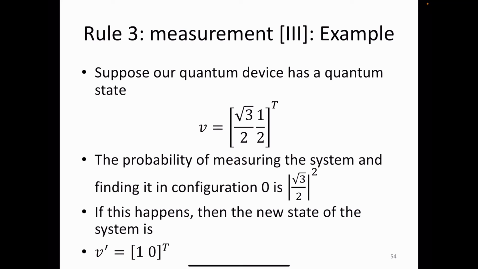And if this happens, so if you end up with this first configuration, then as you can see, the final state is given by 1, 0, meaning the 0th configuration, which means that this probability here and this probability here, they're gone. So all this rich superposition information that you had before is gone. It's not there anymore.